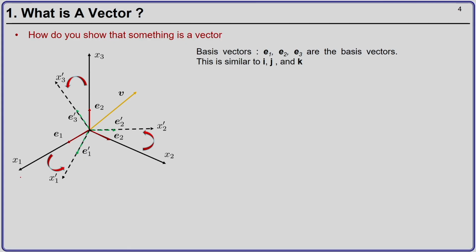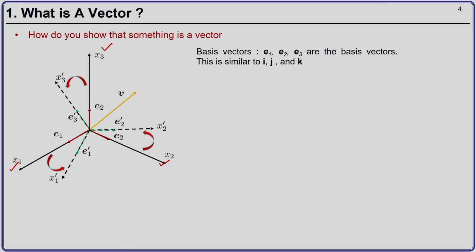In this present course we are going to deal with only the Cartesian coordinate system, because the number of lectures is limited, we will not deal with curvilinear coordinate systems. So, as you can see here, you have a Cartesian coordinate system shown here, x1, x2, x3 in bold black lines.